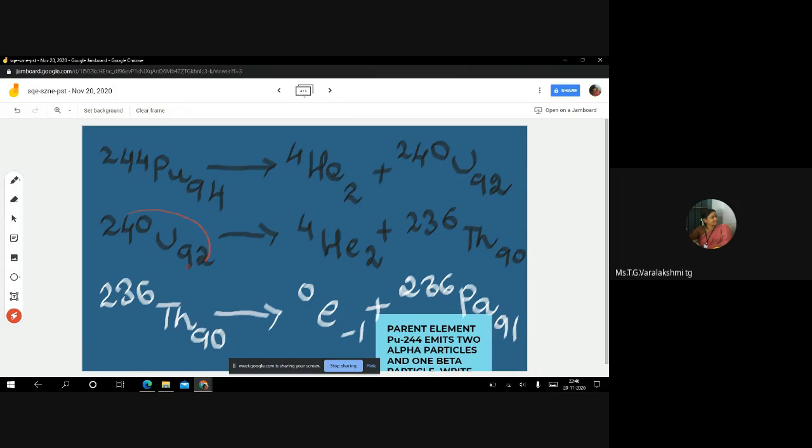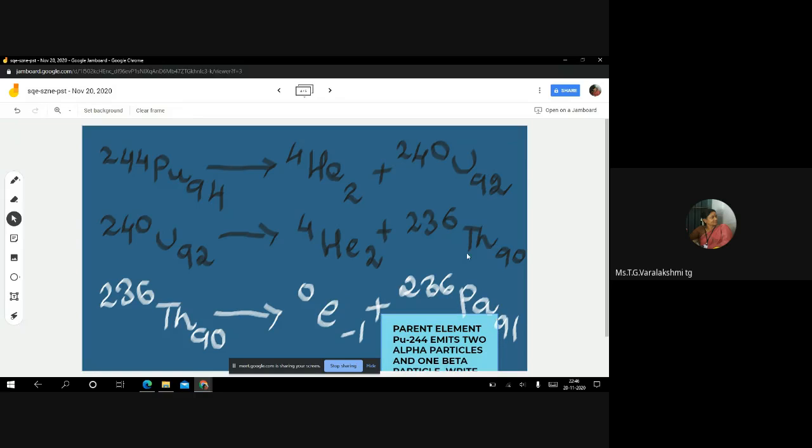Again, uranium also undergoes alpha decay because 2 alpha it emits. In the question they have given that it emits 2 alpha particles and 1 beta particle. These are alpha decay and the last one will be beta decay.